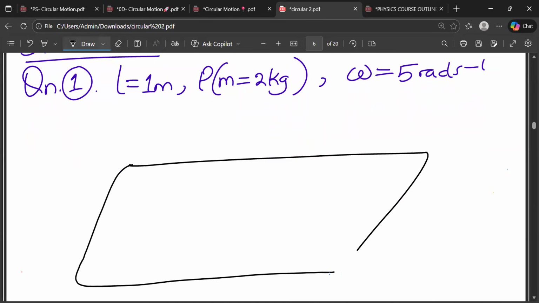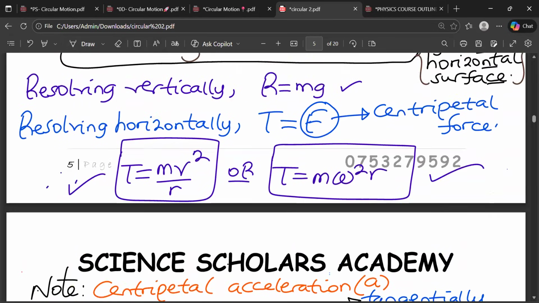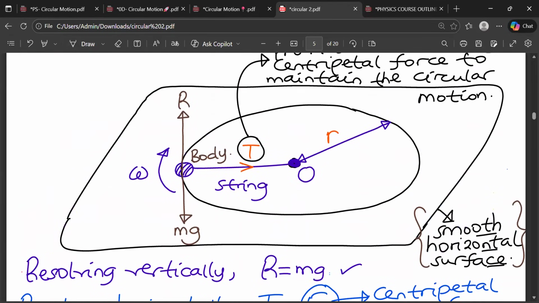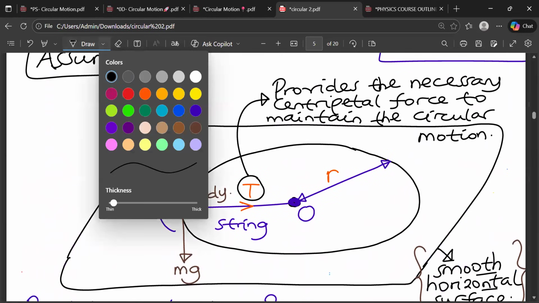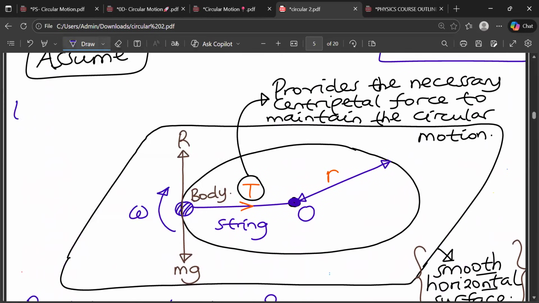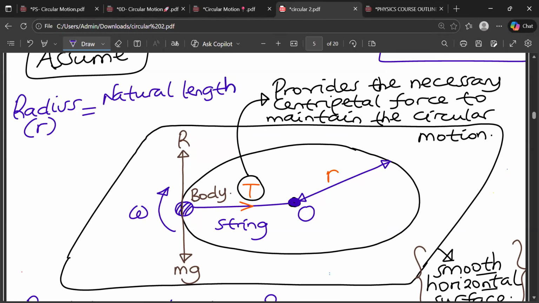Someone may be like, but why are they really giving us the length of the string? If I want you to look at that diagram, do you realize that the radius r is the same as the length of the string? Do you see that the radius is the natural length of the string? In physics, they usually call it natural length, but they can just say length in the question.